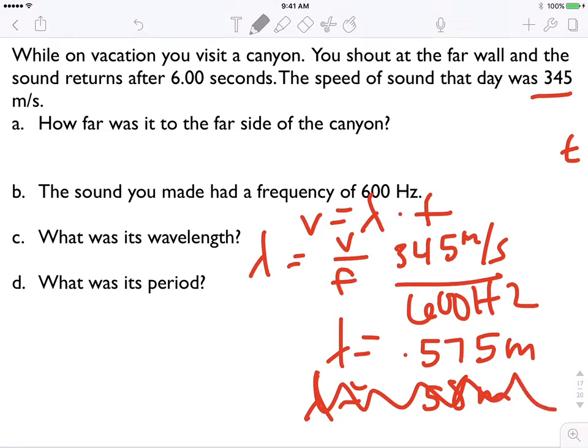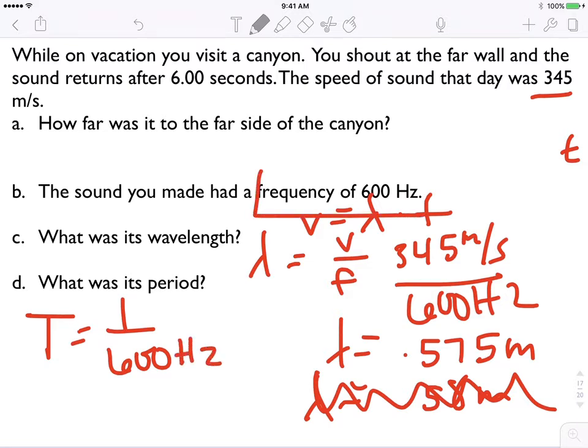We didn't really talk about significant figures all that much in this class, so we're not going to dwell too much on it. What is its period? How do we figure out what period is? Period is just the reciprocal of frequency. T is equal to 1 over 600 hertz.